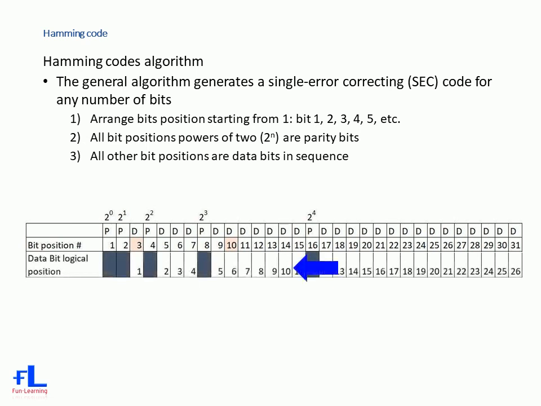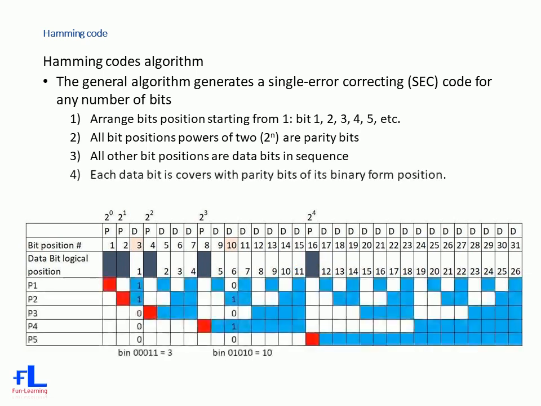Third, all other bit positions are data bits in sequence. Last, each data bit is covered by the parity bits of its binary form position. Highlighted blue bits are used to generate the respective parity bit. Overall, m parity bits can cover bits from 1 up to 2 to the power m minus 1.